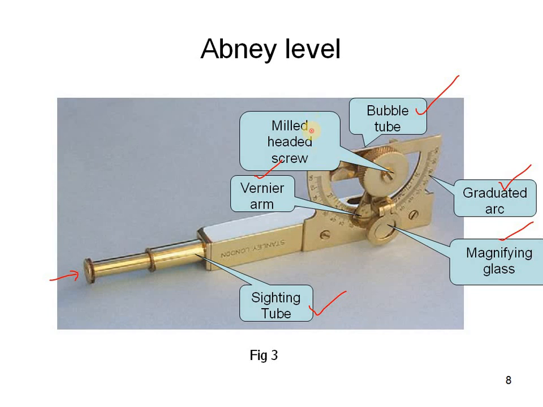And the milled headed screw is for tightening the magnifying glass, vernier arm and graduated arc. And this is the open window, a gap from which we will see. So these are the very important component parts, and this is called the eyepiece, as I have told now.